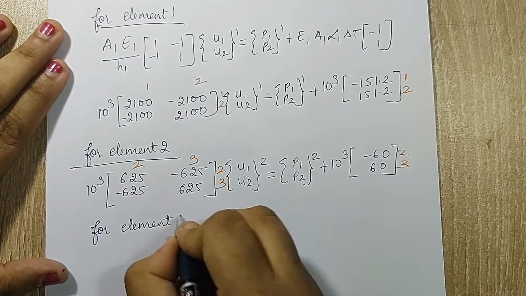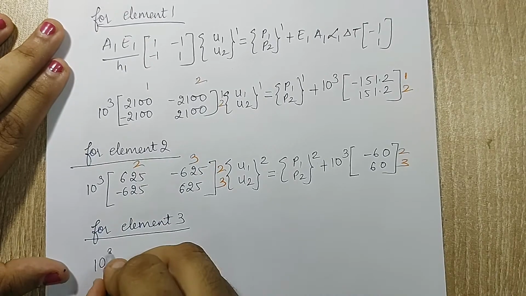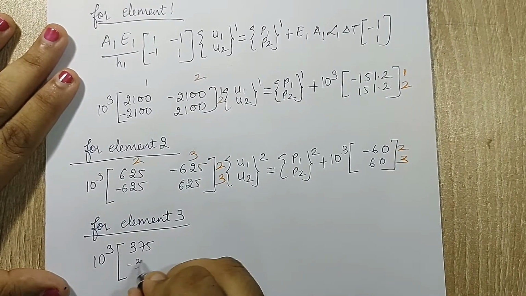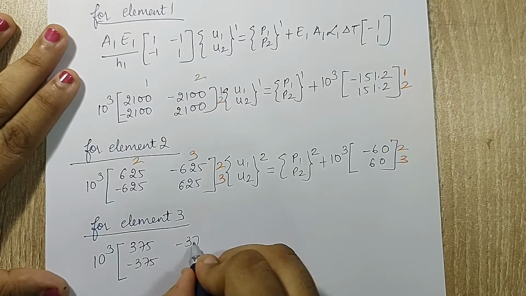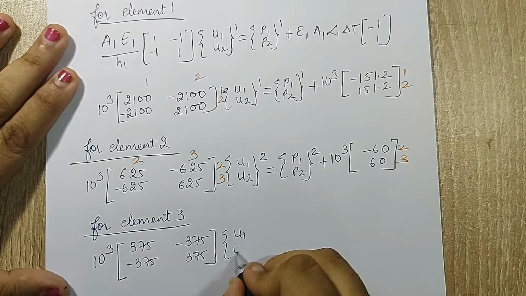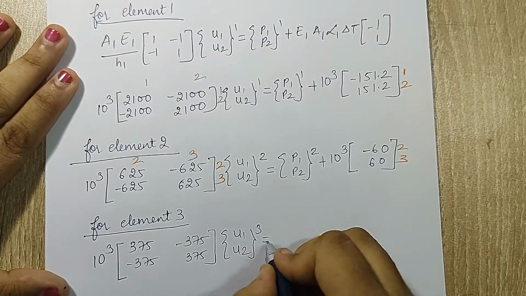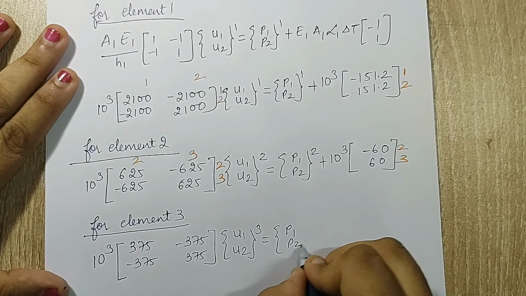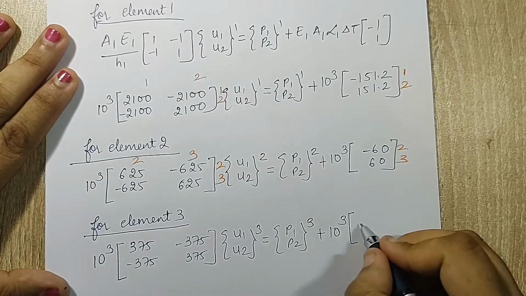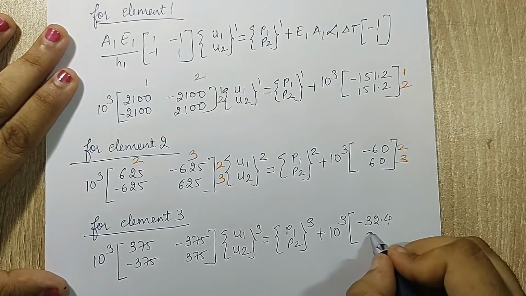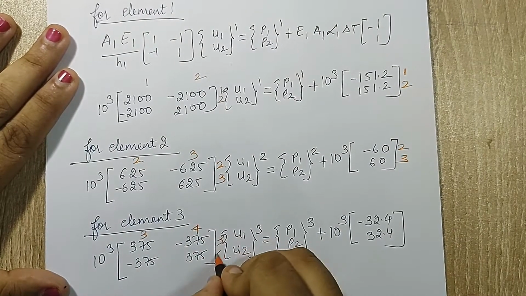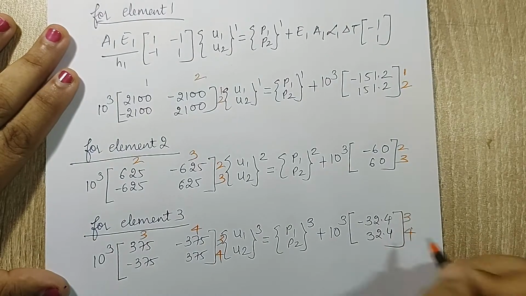Now for element 3, again 10 raised to 3 outside and the value I get inside is 375. And here I get minus 32.4. Here I'll have 3, 4, 3, 4 as the node numbers.